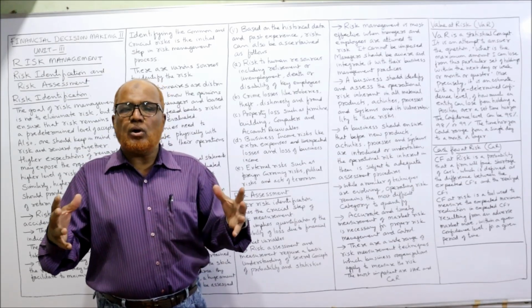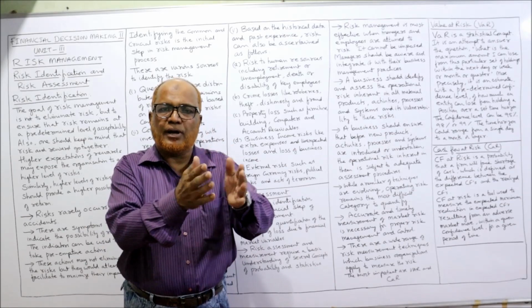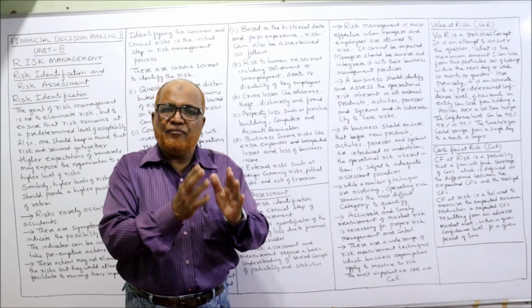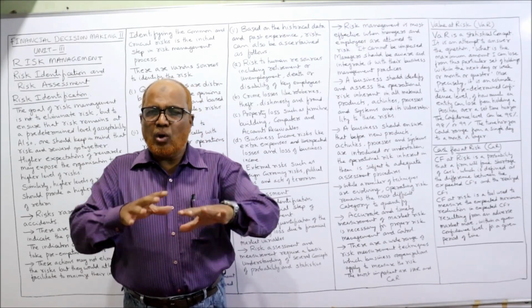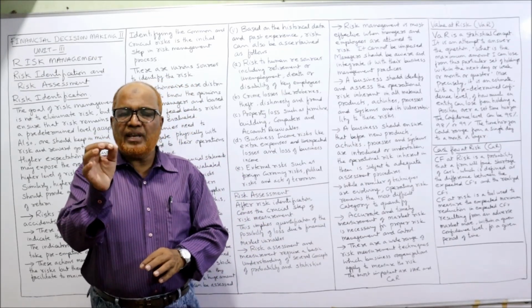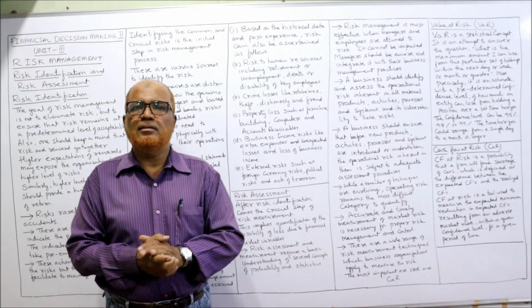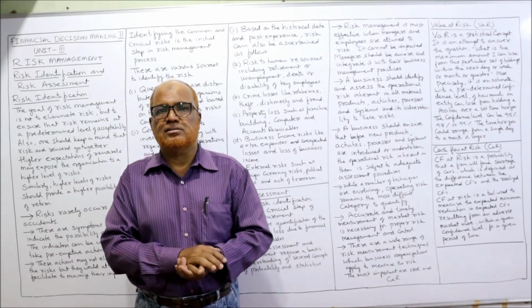Example, in a business organization, so many different activities are there, like purchasing, production, marketing, finance, human resource. All these are the different functions of management. If there is malfunctioning in any of the departments, that gives rise to operational risk.